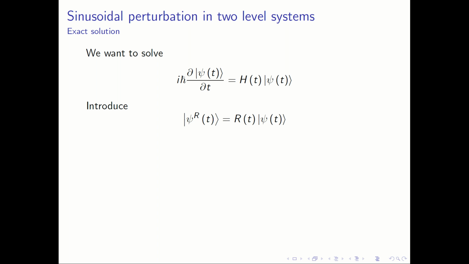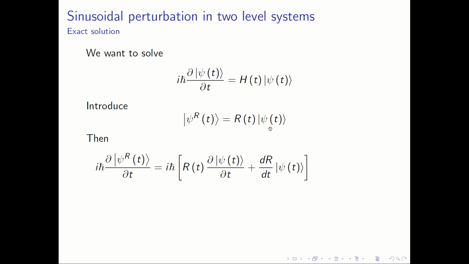Just a reminder, changing over from Schrodinger to Heisenberg picture essentially makes the time evolution problem trivial as far as kets are concerned, because then the kets no longer time evolve. Well, we are not going to do something as drastic as that, but we are going to change to another ket psi_R(t) by putting in a time dependent operator R(t) acting on psi(t), and try to see what kind of Schrodinger equation psi_R(t) obeys.